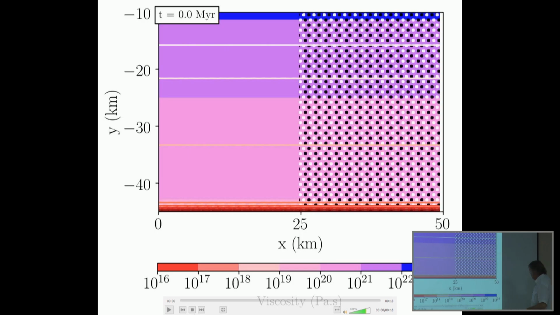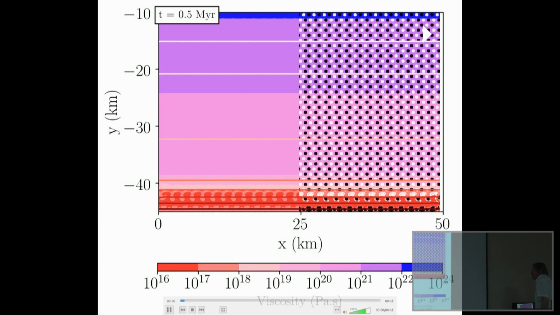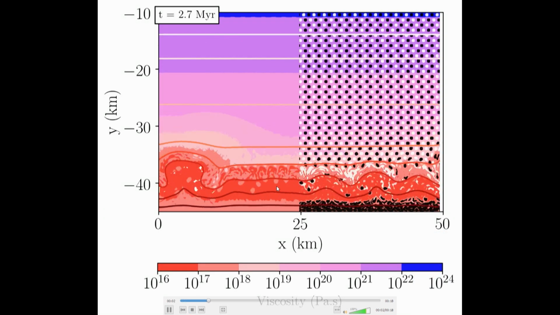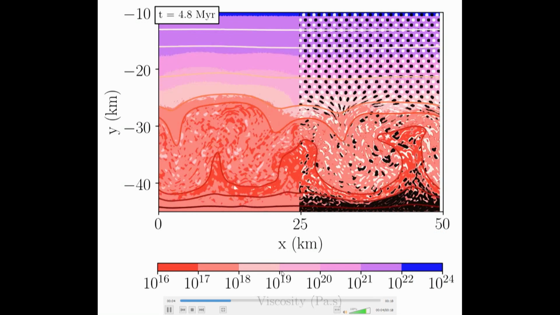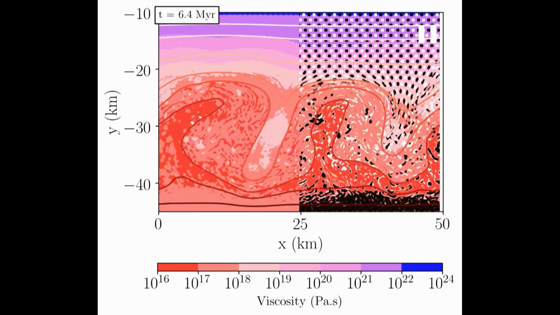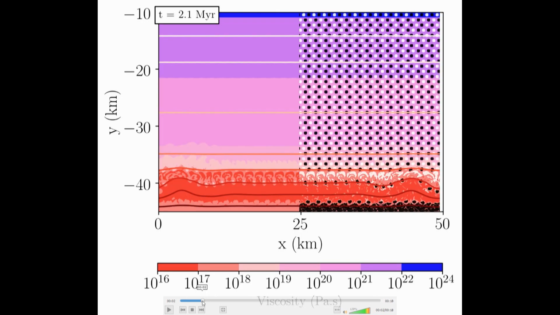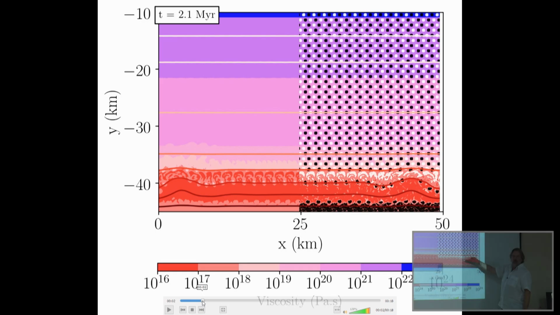So let's see what's happening. At first you see segregation of the heavy ones at the bottom and upward motion of the light ones.